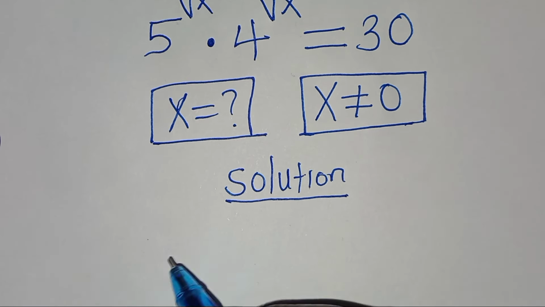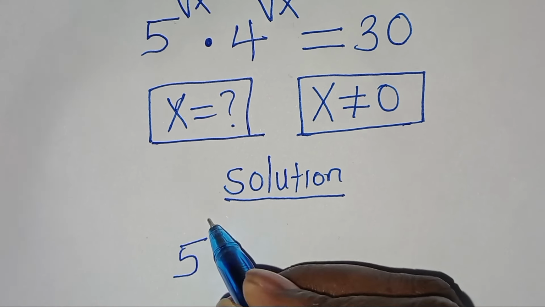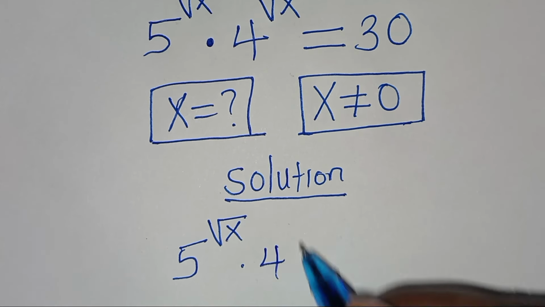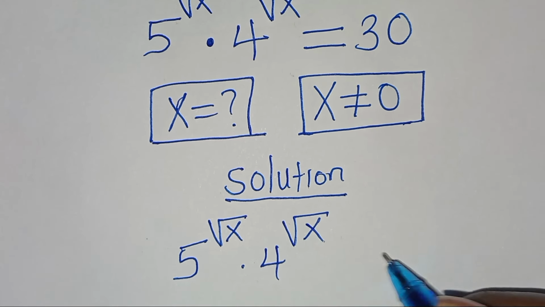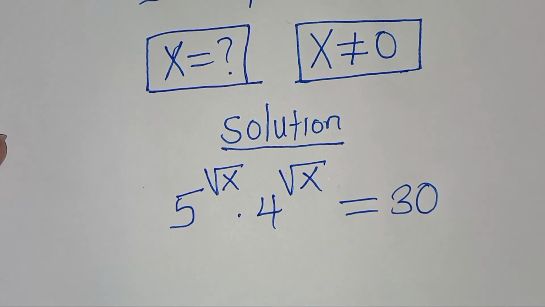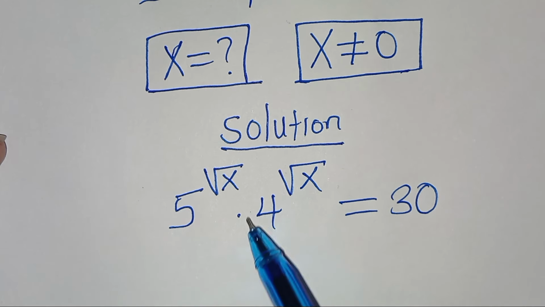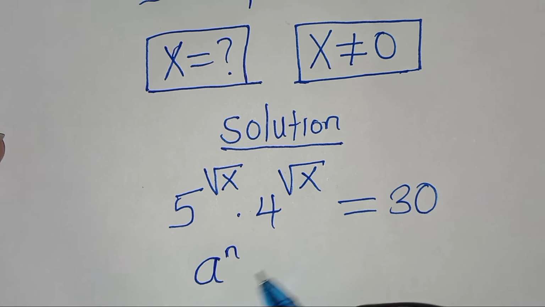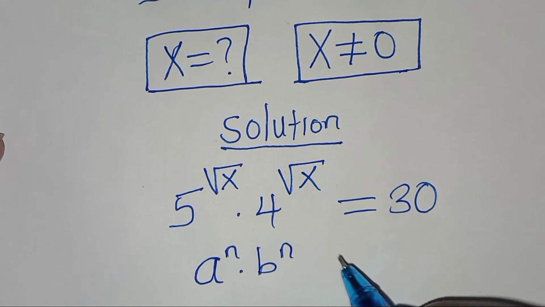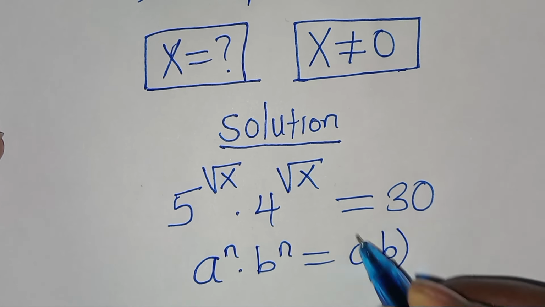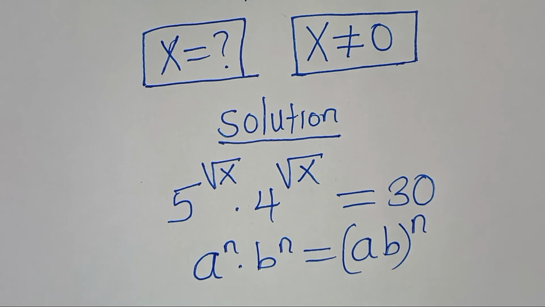Now we have that 5 to the power of square root of x multiplied by 4 raised to the power of square root of x is equal to 30. You find that this is in the form of a to the power of n times b to the power of n, and this can be expressed as a times b raised to the power of n.